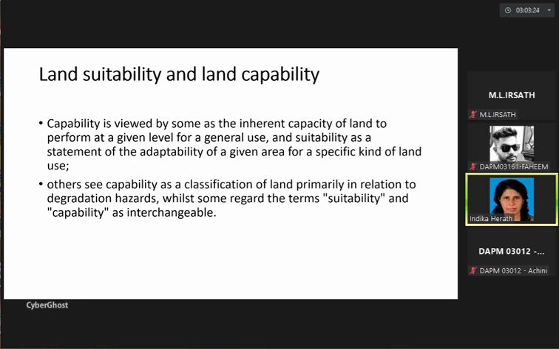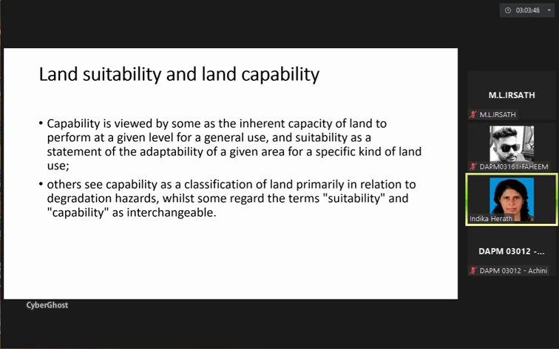Sometimes capability and suitability are used with a similar meaning, right? The classification is primarily related to the degradation hazard, while the terms suitability and capability are used interchangeably.